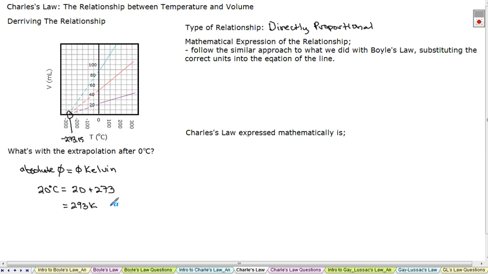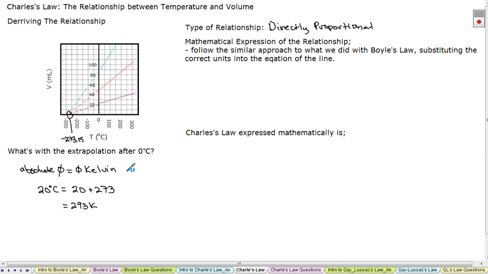So anytime you want to determine a temperature in Kelvin, you would just take the temperature in degrees Celsius and add 273. If you want to go backwards and figure out your temperature in degrees Celsius, you would just take your Kelvin and subtract 273 from it. Pretty straightforward.